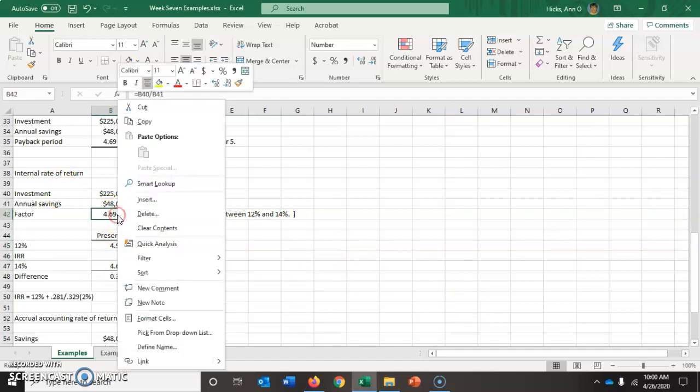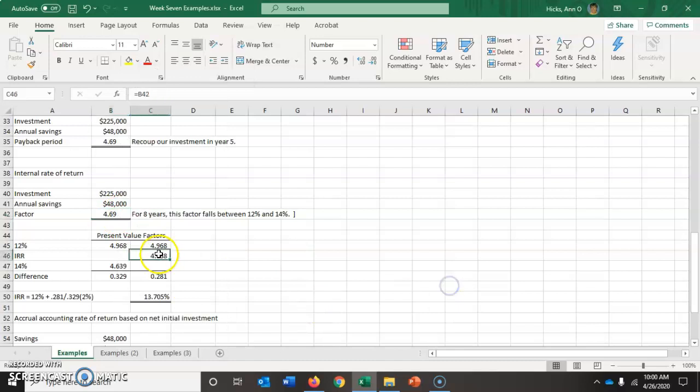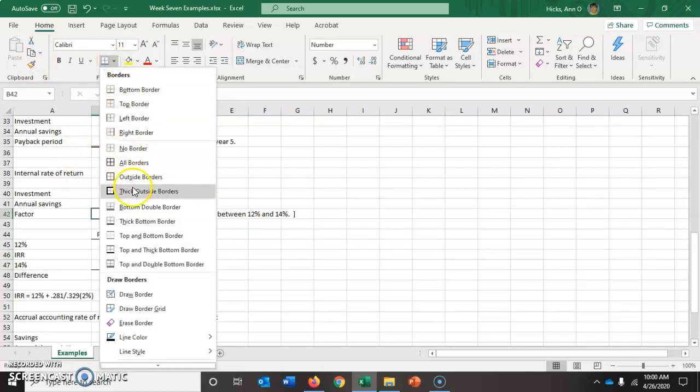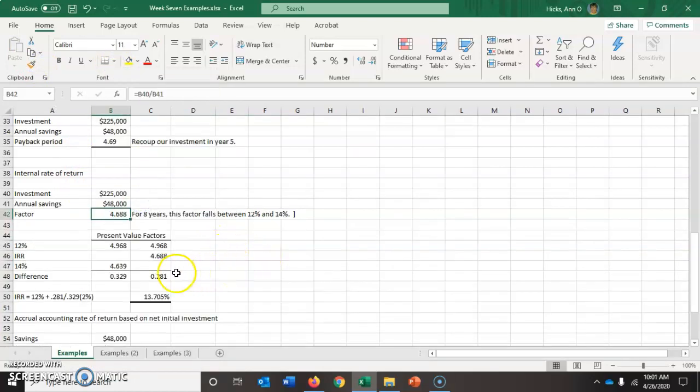That cell, let's extend that. That cell was rounding at 3. So what I'm going to do is I'm going to take the difference between the present value factor at 12% and 14%.